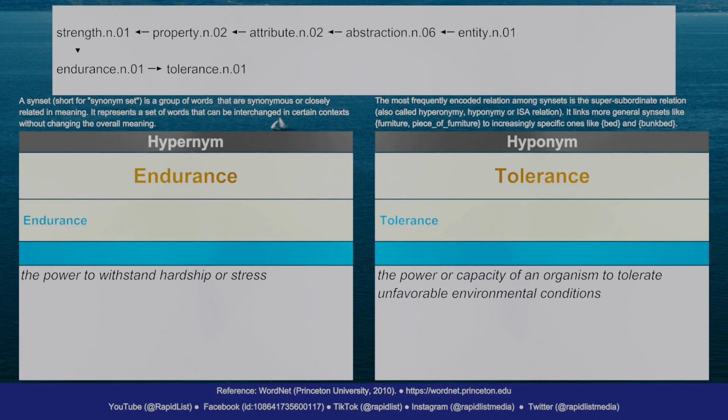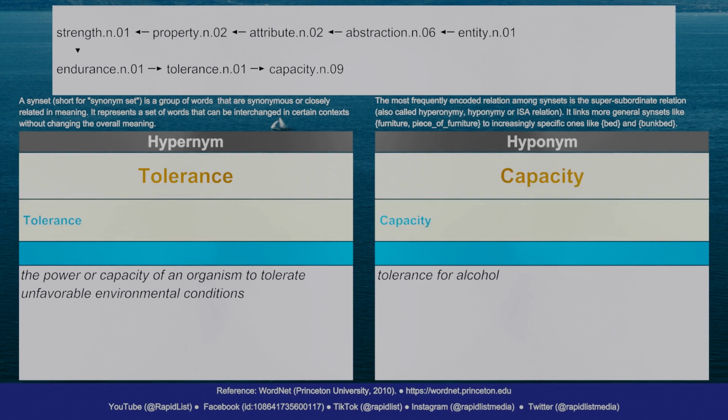Tolerance. The power or capacity of an organism to tolerate unfavorable environmental conditions. Capacity. Tolerance for alcohol.